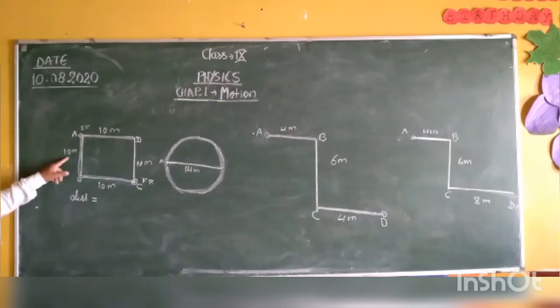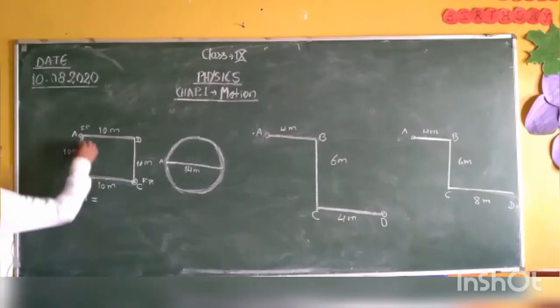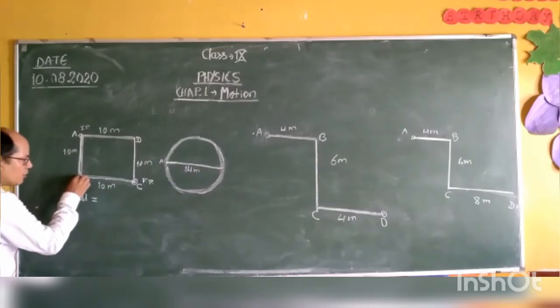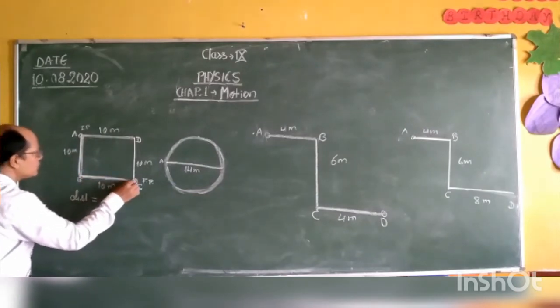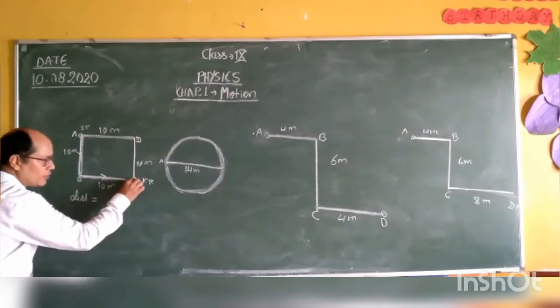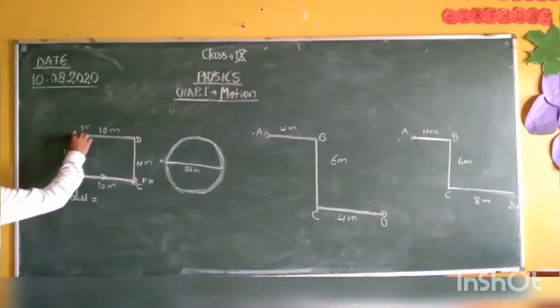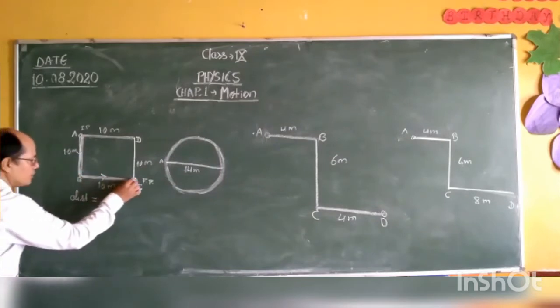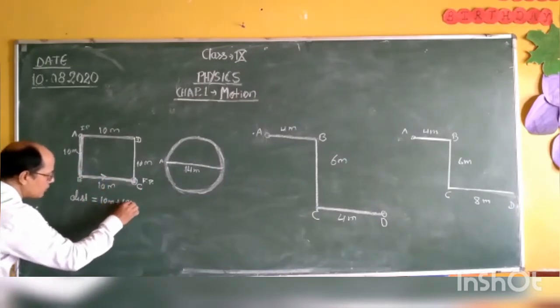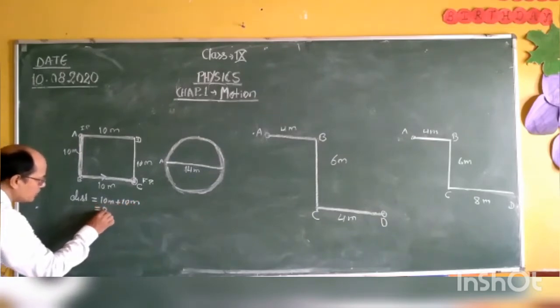it will be 10 plus 10. I am moving in the direction of B, then turn around and move in the direction of C and stay there. It means this one is my final position. So I am covering 10 meter and 10 meter. Then it will be 10 meter plus 10 meter equals 20 meter.